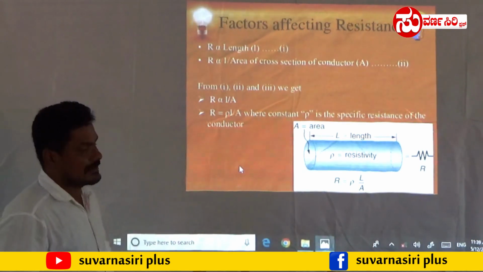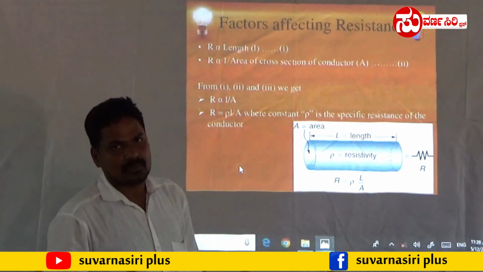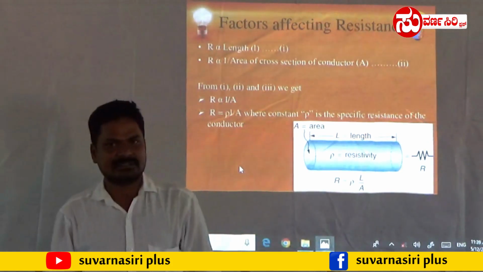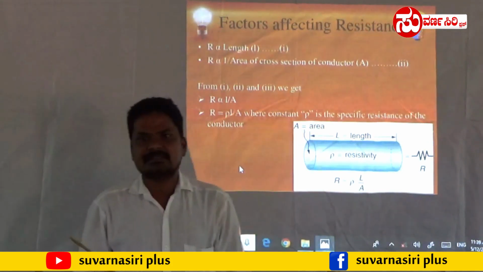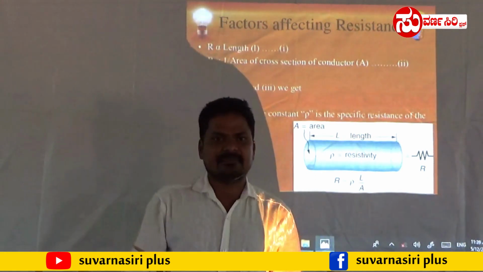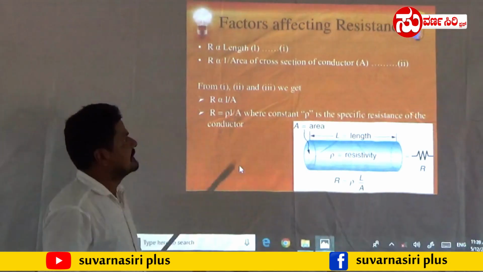And resistance is inversely proportional to area of cross section. If we increase the area of cross section of the wire, the resistance decreases. If we decrease the area of cross section, the resistance increases.